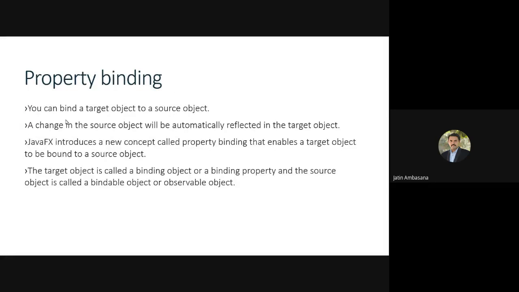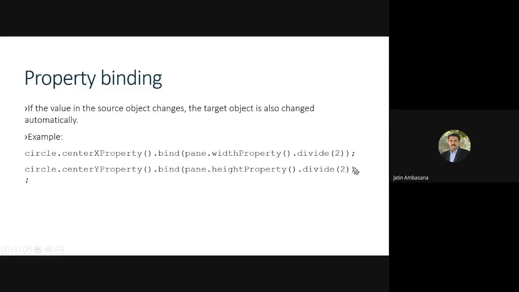Now we have to see the property binding. Okay. So we can bind our target object to a source object. This also we had seen: what is a binding, what is a bindable object or an observable object, and what is a binding object.